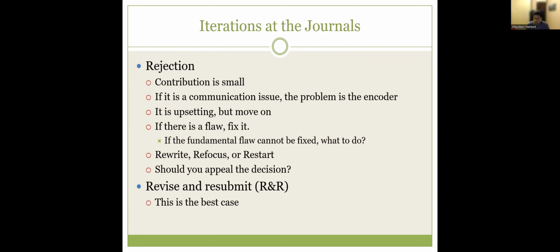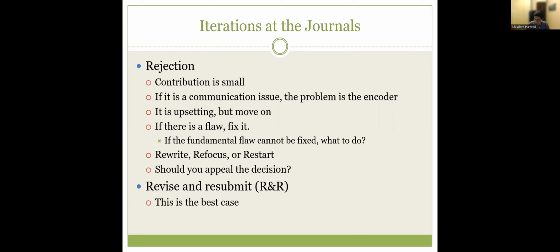Get upset, take a break, but then go back and think about the referee reports more carefully. If there's a flaw, fix it. If there's a fundamental flaw that cannot be fixed, think about sunk cost, and see whether maybe you had misjudged the contribution of the paper.